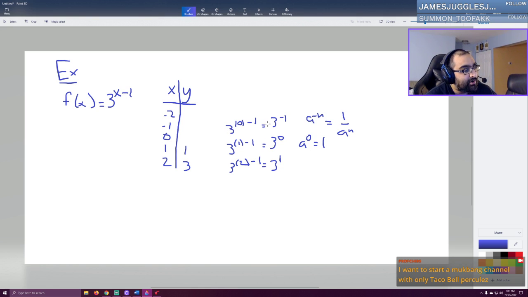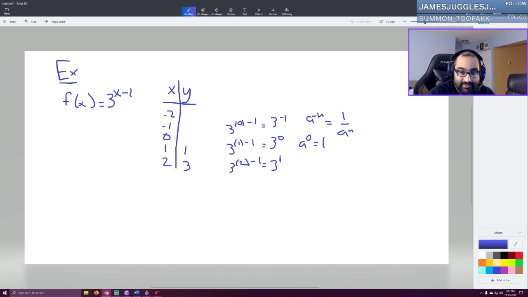So what would 3 to the minus 1 power be? 3 to the minus 1 power, what is that?